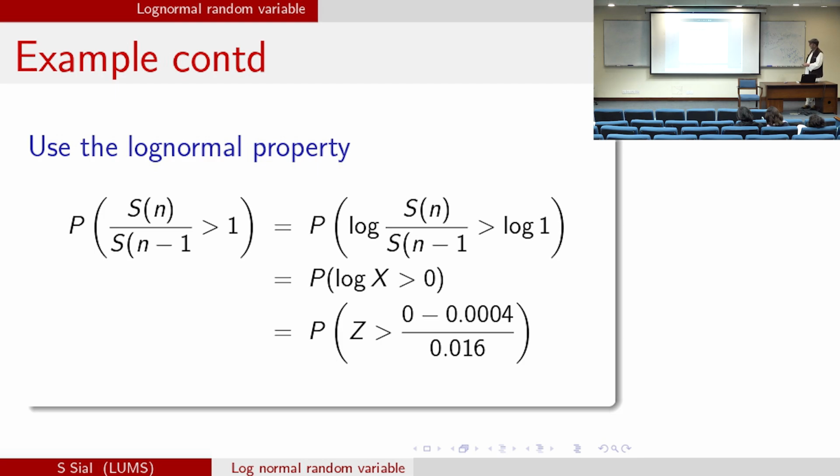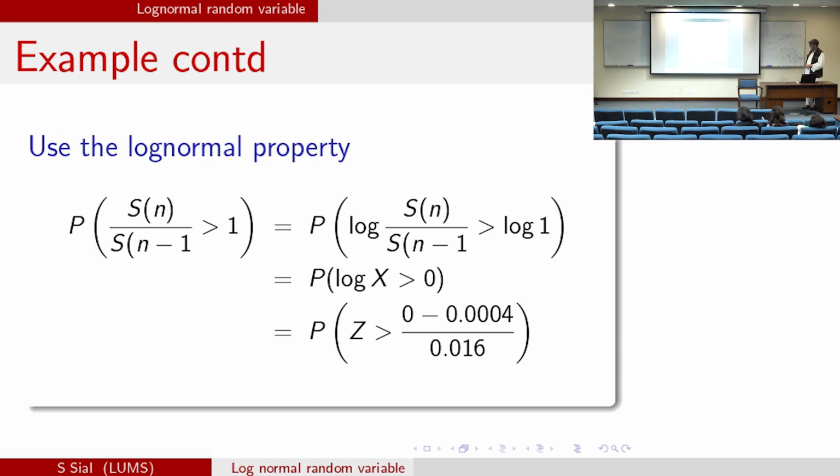But the logarithm of x is a normal random variable. So subtract off the mu and divide by the sigma of that normal random variable, and that will give you the standard normal. Do the same thing on the other side of the inequality.